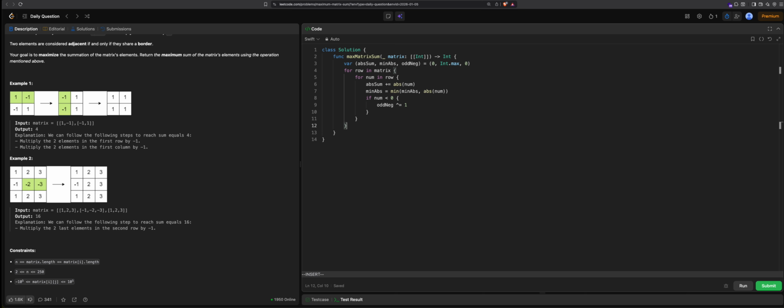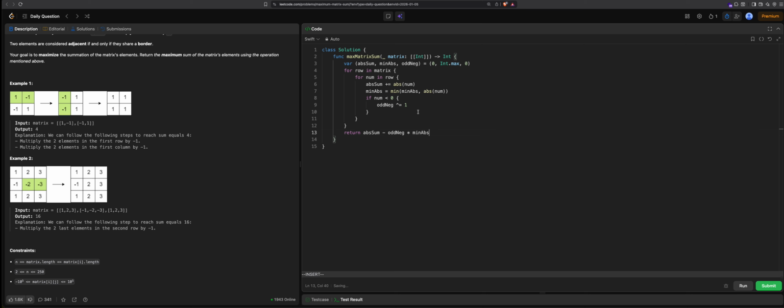So if everything went well, we can calculate our final answer by taking the absolute sum. We need to remove the odd negative number by multiplication with the minimum absolute.